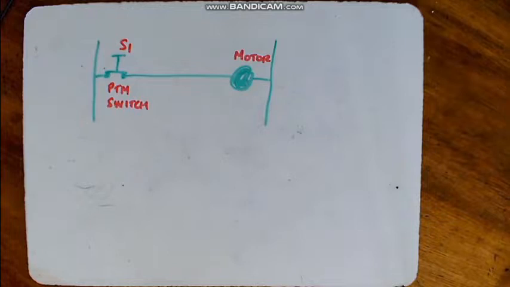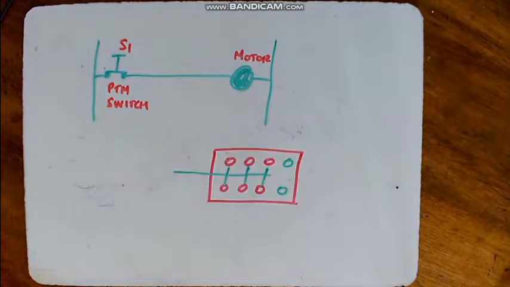This means we'll have to add in a latch via the contactor. When the contactor closes, the auxiliary contacts will stay closed, and thereby I can now release the switch and the motor would continue to run. Let's say, for example, this is my contactor.